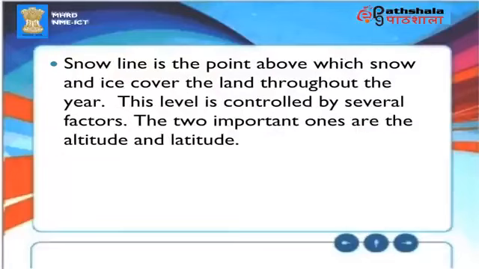Snow line is the point above which snow and ice cover the land throughout the year. This level is controlled by several factors. The two important ones are the altitude and latitude.